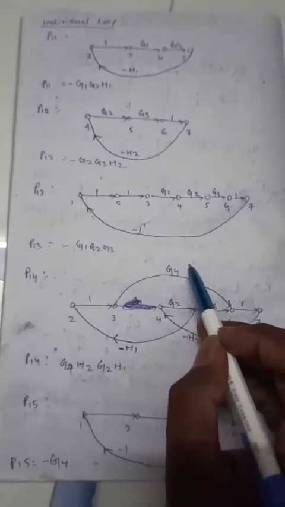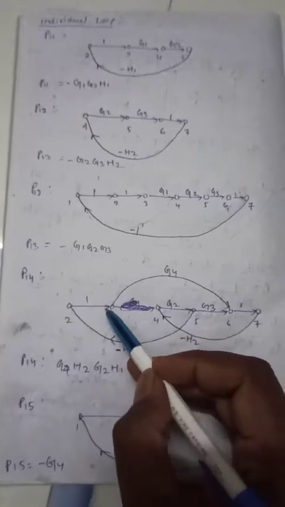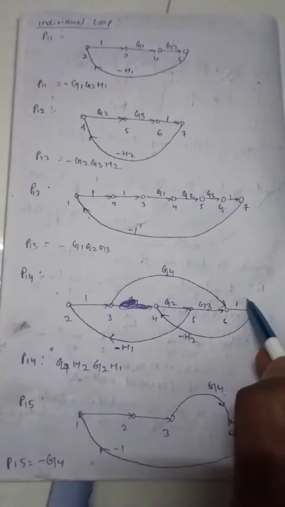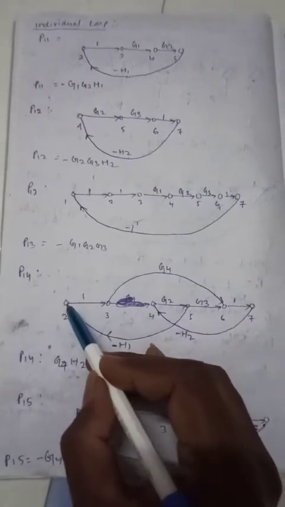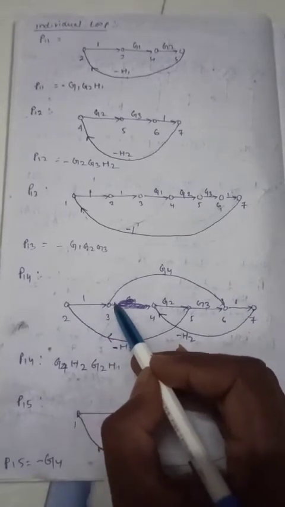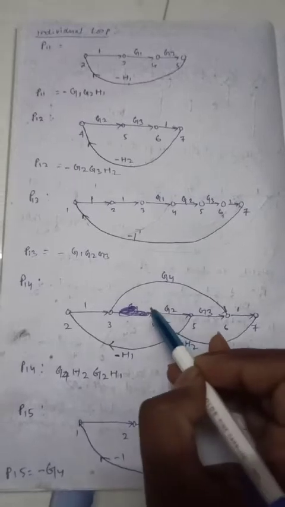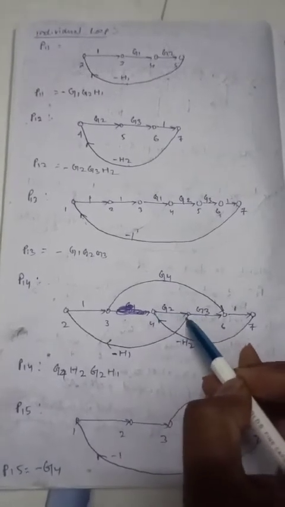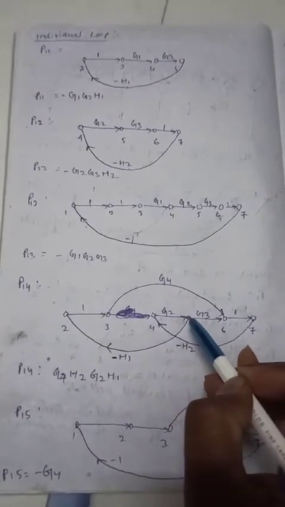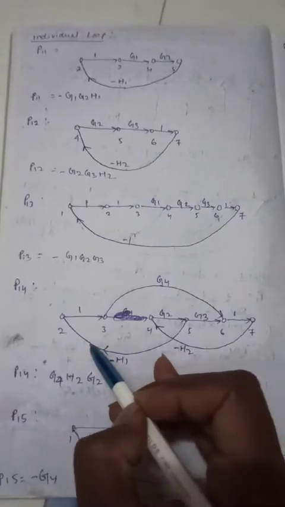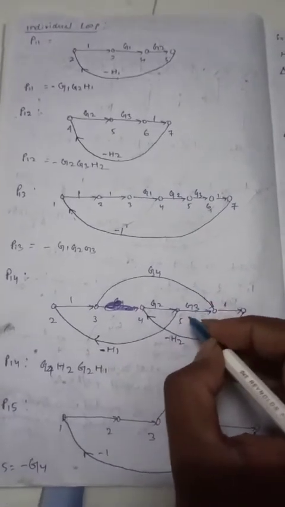So what is the value of this loop? These are the loop gains. Clear? These are the path gains. So 1, G4, 1. The signal is coming like this from 2 to 3 node, 3 to 6 node, 6 to 7, 7 to 4, 4 to 5, then 5 to 2.